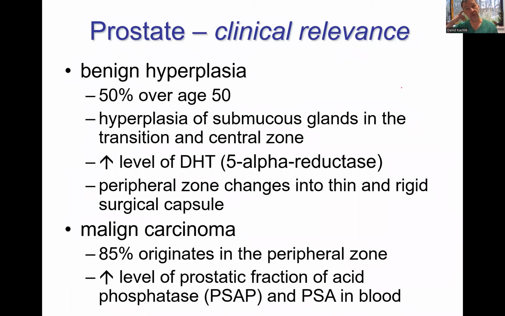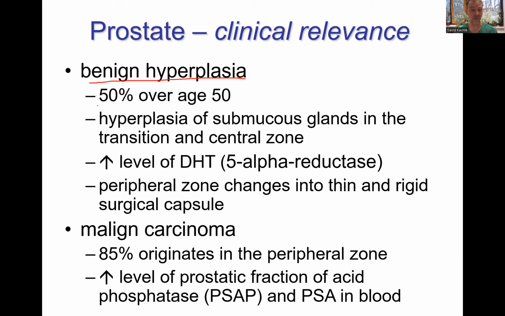And now, why have we talked about the zones? There are two clinical diseases which are closely related to these zones. First is benign hyperplasia, sometimes called hypertrophy, but it is important that it's a multiplication of the gland, so it's called hyperplasia.